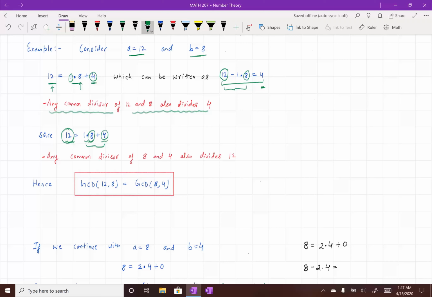So the statement you can make here is any common divisor of 8 and 4 also divides 12, and 12 is the dividend here.